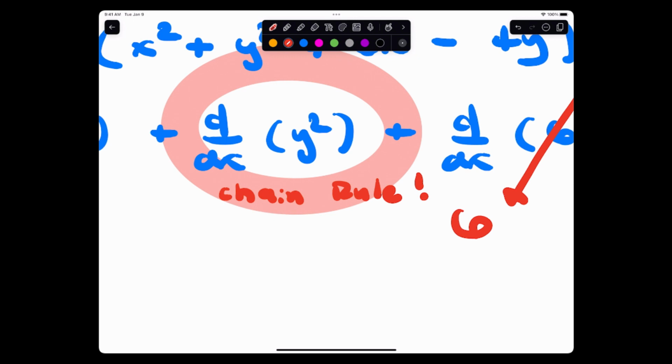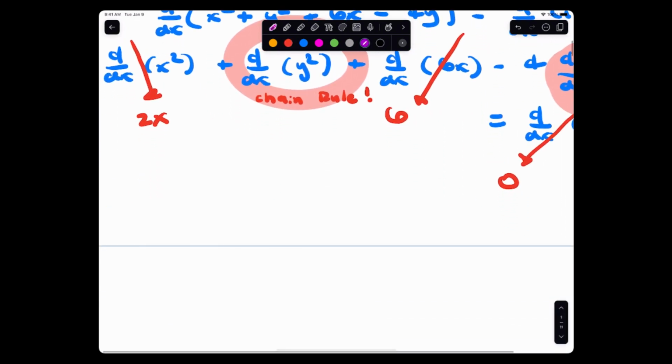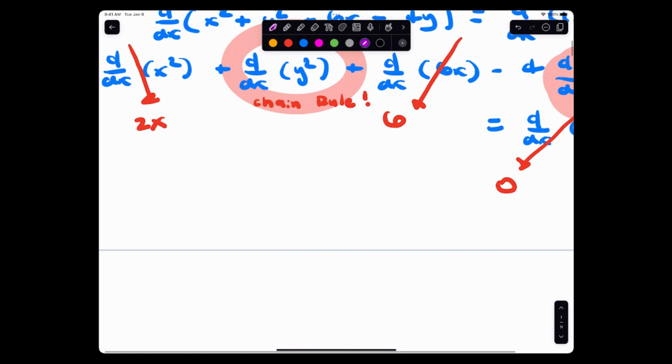Because y is a function of x. It's the chain rule with the power rule here. So what does that mean? That means we have 2y times y prime, which is dy dx.